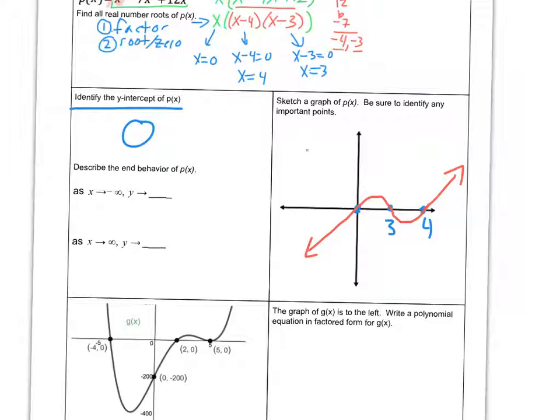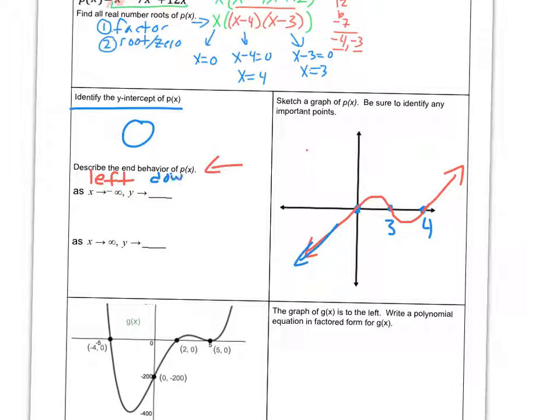I like doing this side before attacking the end behavior because that lets me kind of see a visual before I try to do this. So one thing I'd like us to think about is as x approaches negative infinity, we're talking about going to the left. And as we're going to the left, our graph is going down.